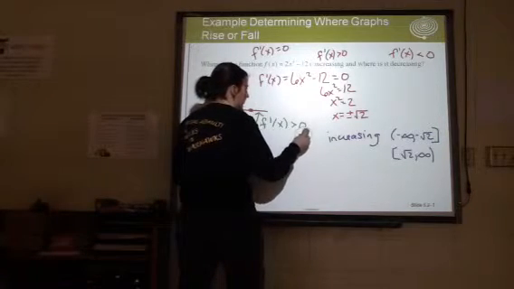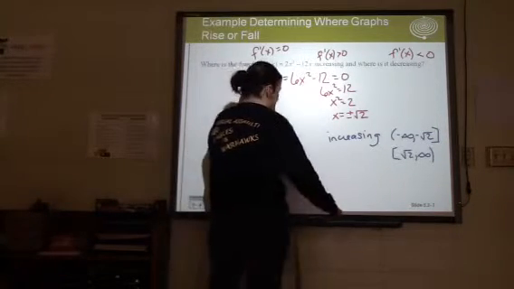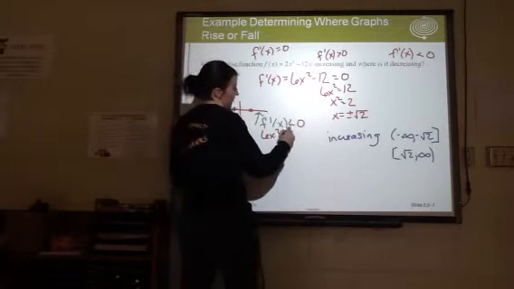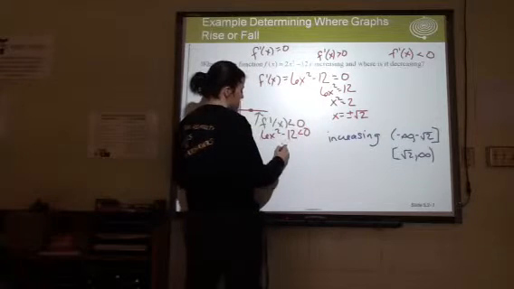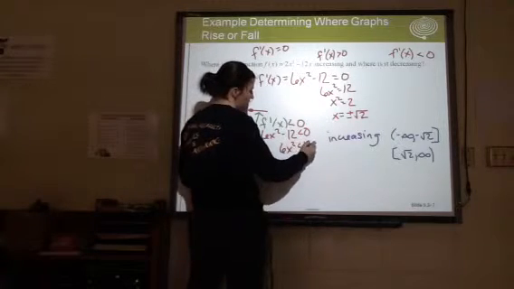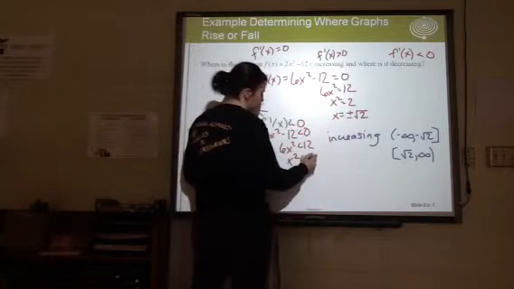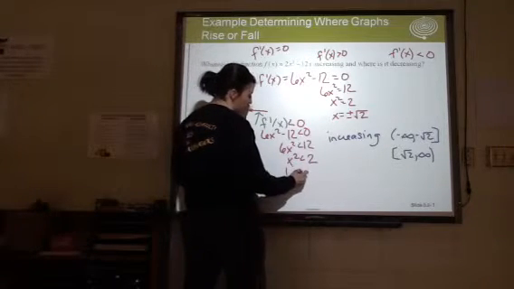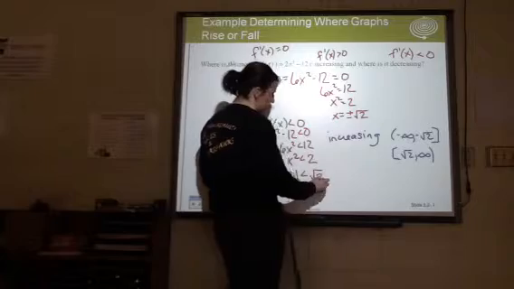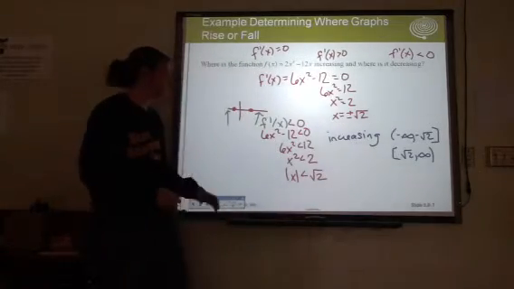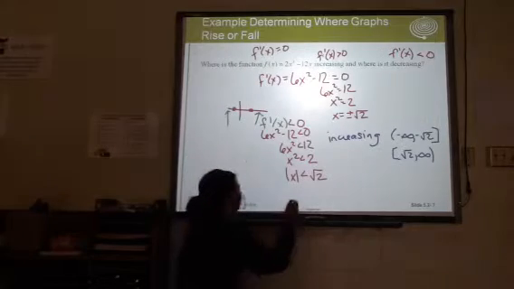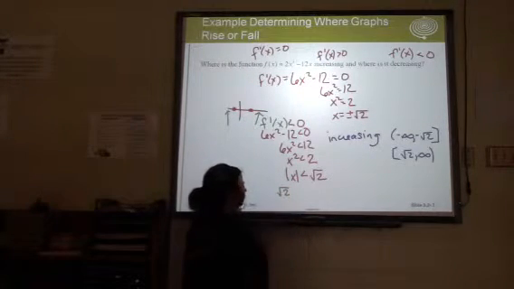And now we're saying, where is it less than 0? So where is 6x squared minus 12 less than 0? That's 6x squared less than 12, x squared less than 2, and absolute value of x less than the square root of 2. Well, when it is less than, it splits into a compound sentence.